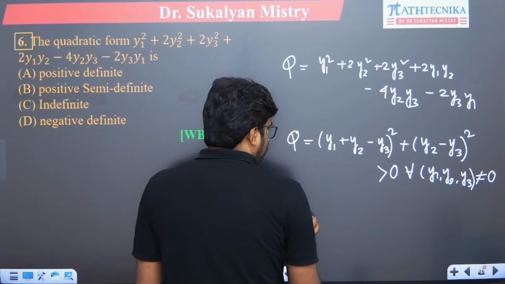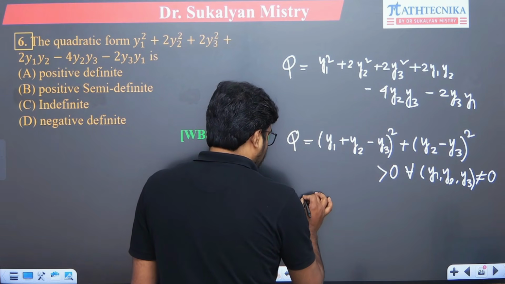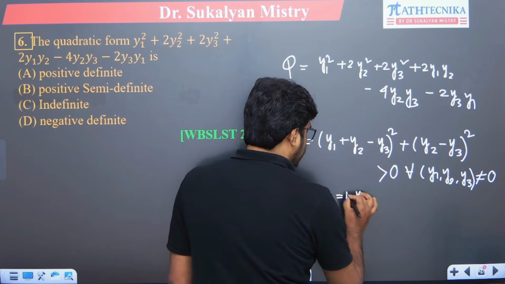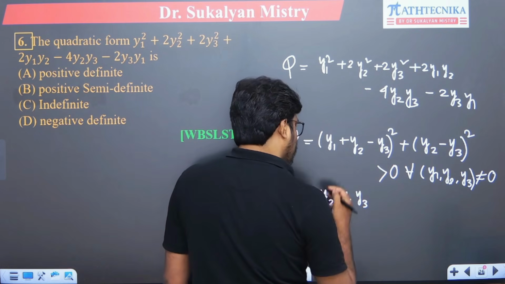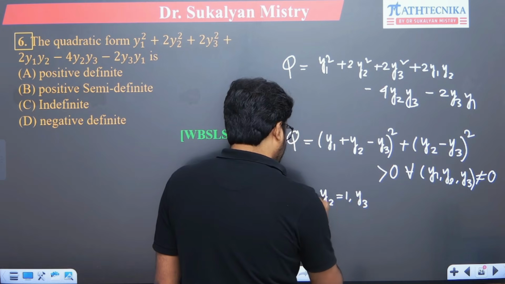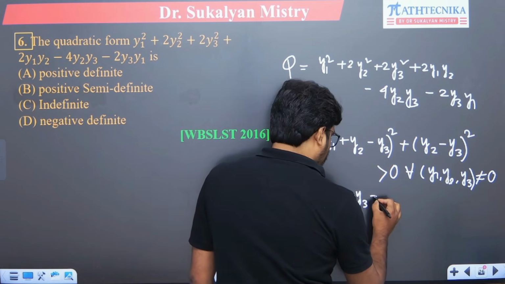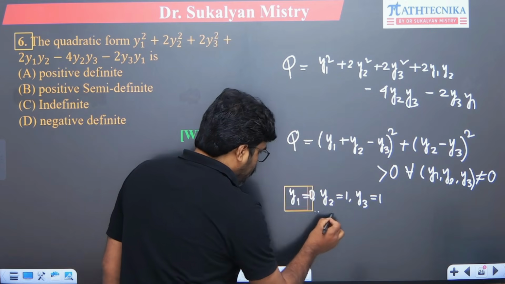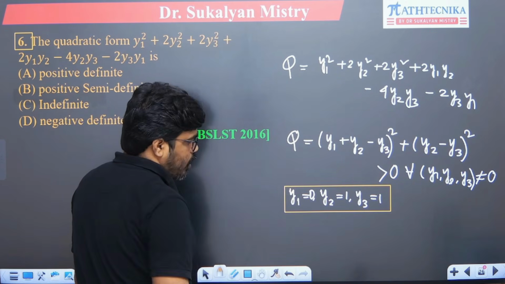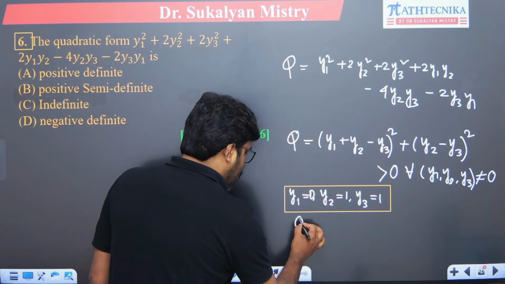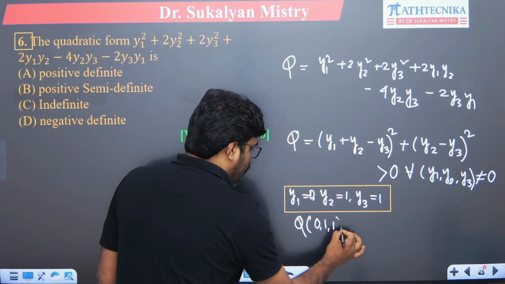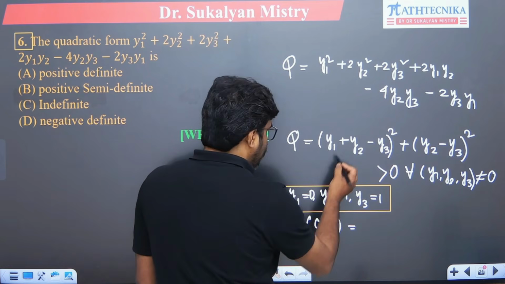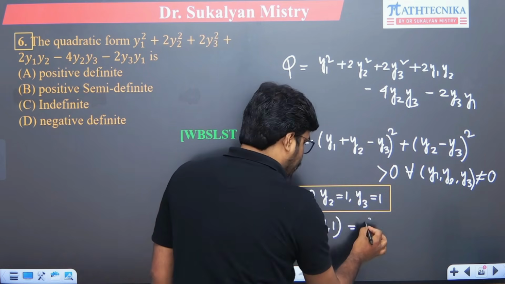Now if we choose y1 suppose 0, y2 is 1 and y3 is 1. See this, y1 is equal to 0, y2 is 1, y3 is 1, that means q of 0 1 1, right? This is non-zero, so ultimately this is 0.